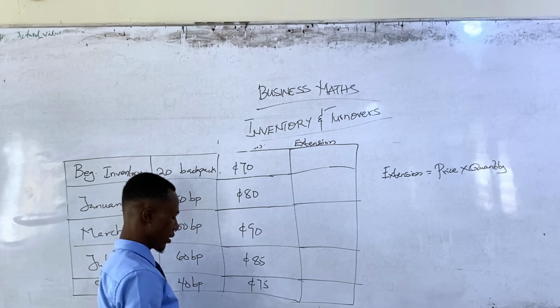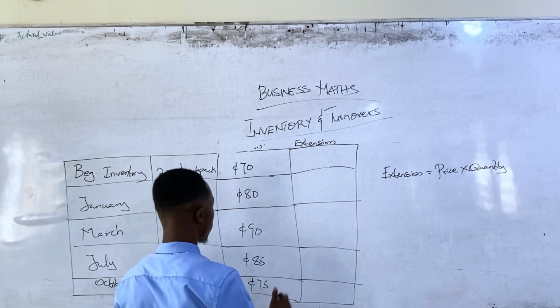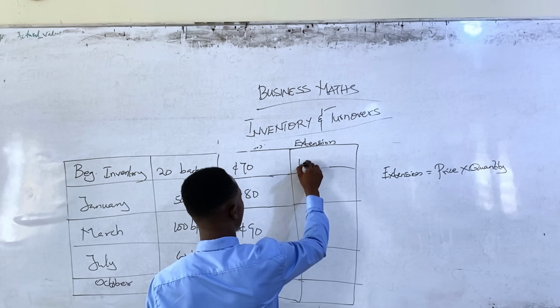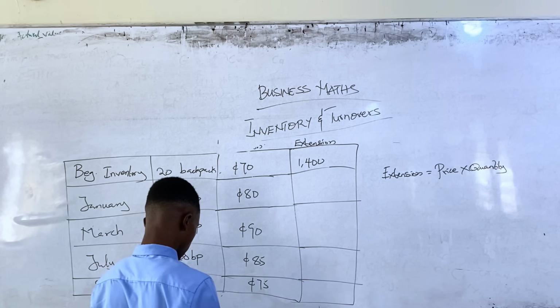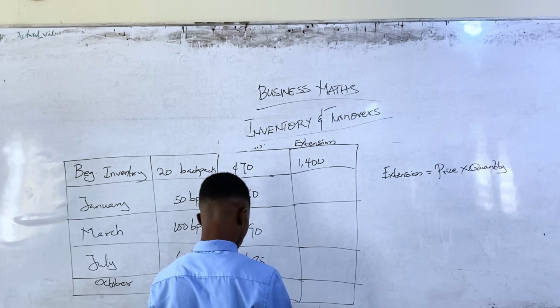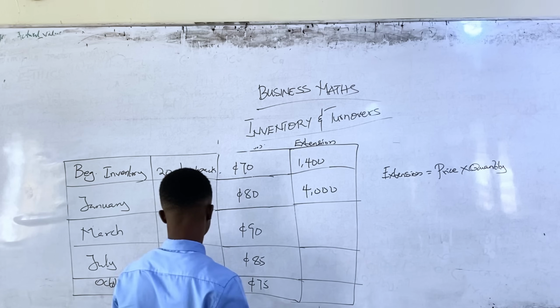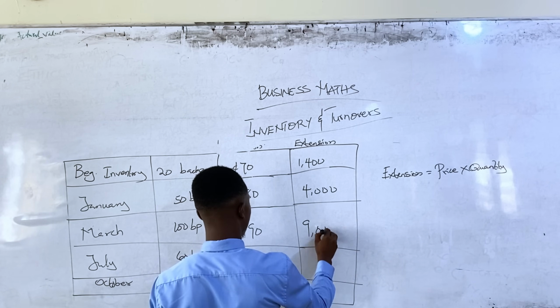So when you do that, 70 times 20 will give us what? 1,400. Okay. Then 50 times 80 will give us 4,000. Then 90 times 100 will give us 9,000.